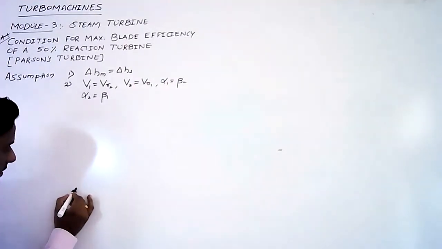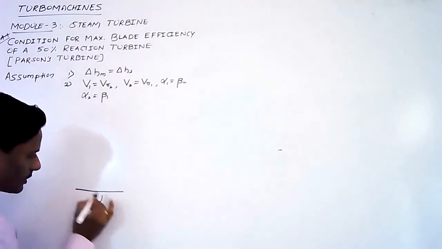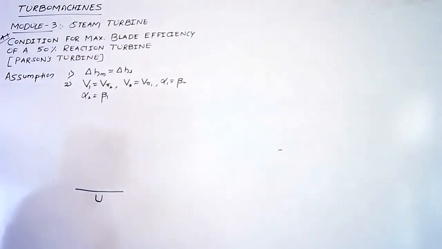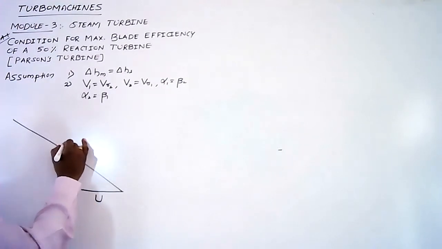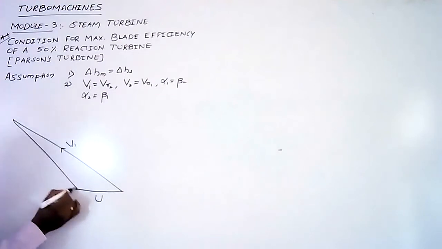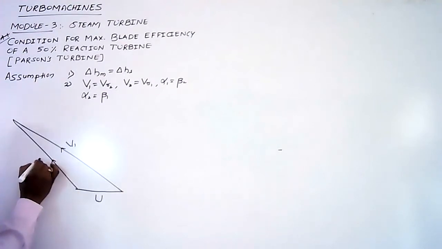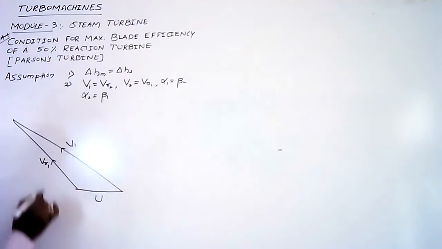This is a common base, that is U here. U stands for the tangential velocity of the runner or the rotor. This is the absolute velocity V1, and it has two important components, namely horizontal component and vertical component. This is the relative velocity Vr1.